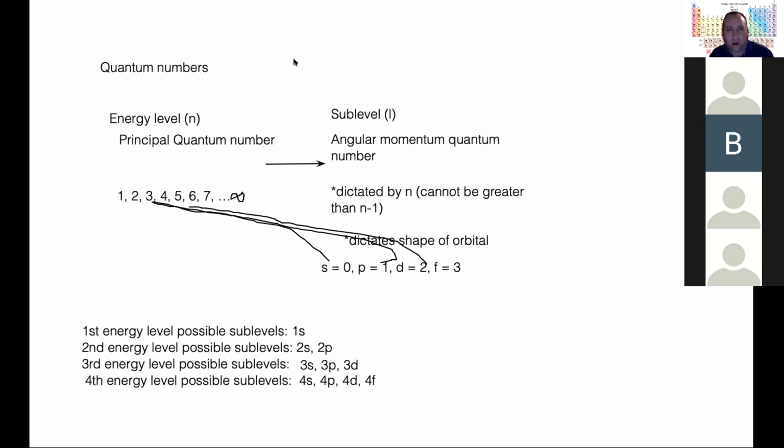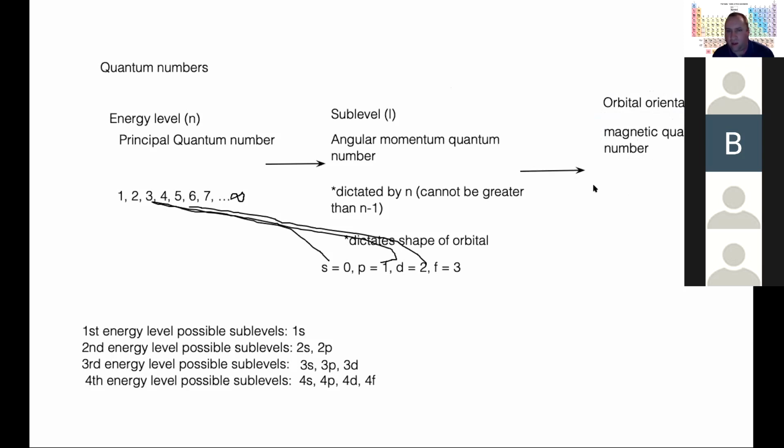The third quantum number that we want to look at is orbital orientation, which is m sub L. This is called the magnetic quantum number.